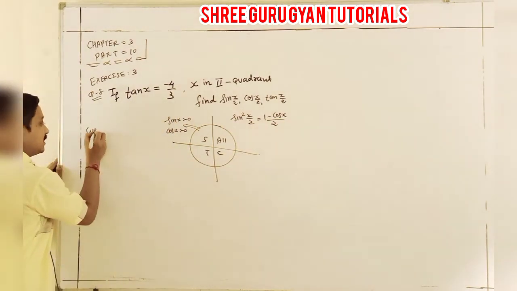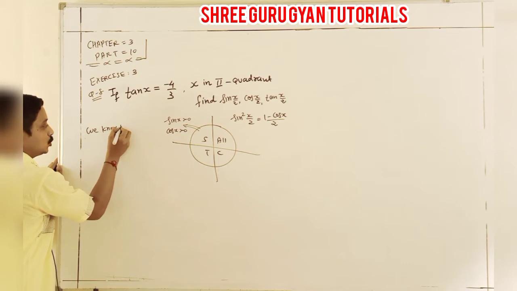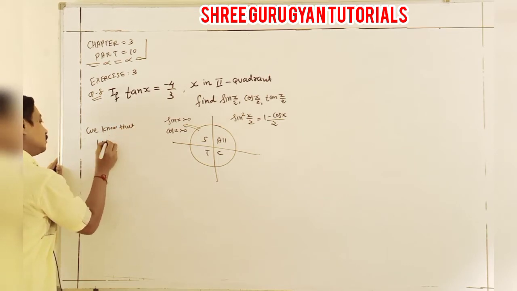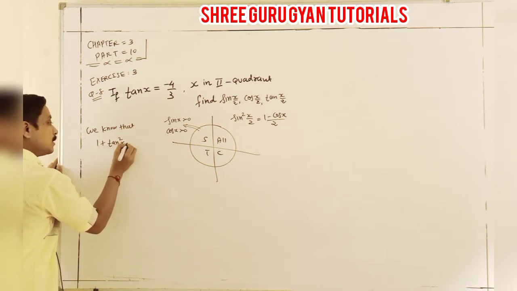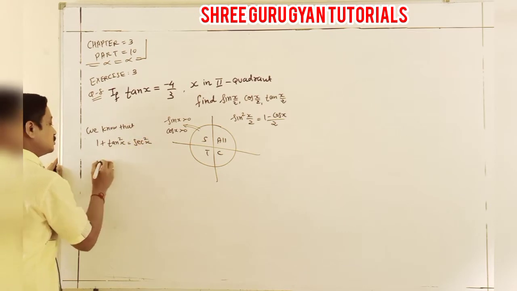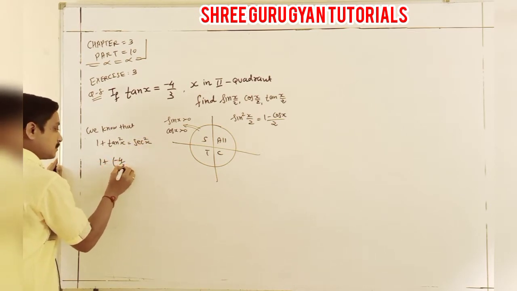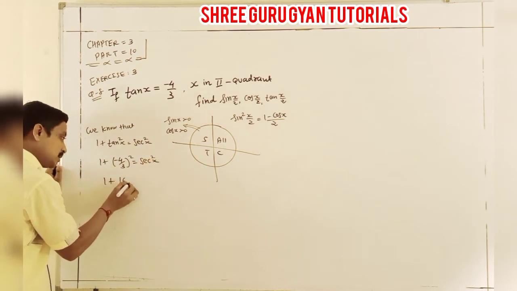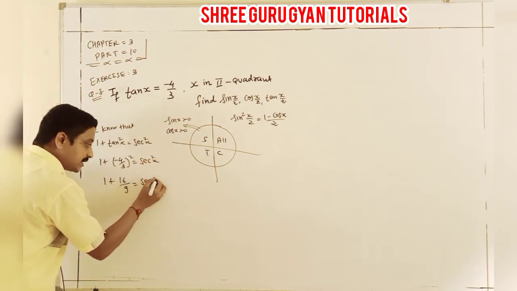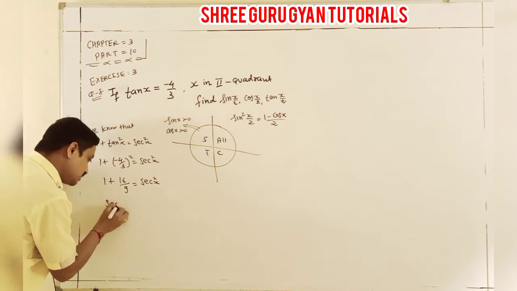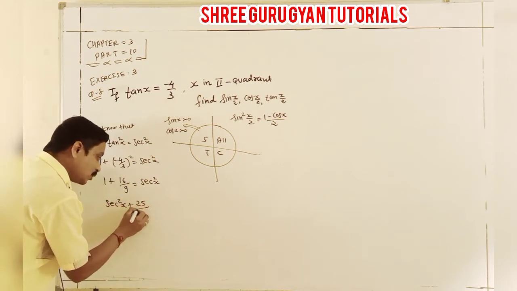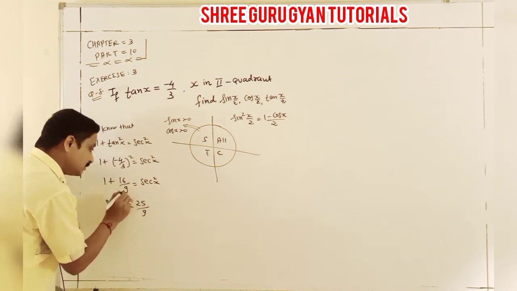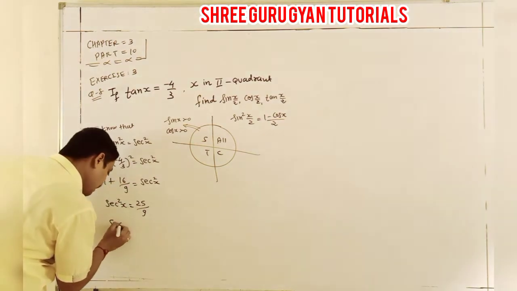So we know that 1 plus tan square x is equal to sec square x, and here the same: 1 plus 16 by 9 is sec square x. So it is 9 plus 16, 25 by 9. So what is sec x?